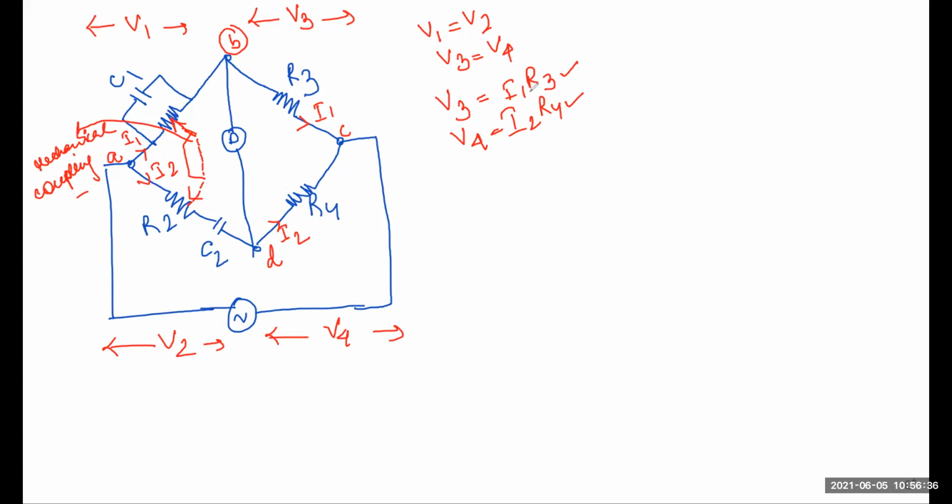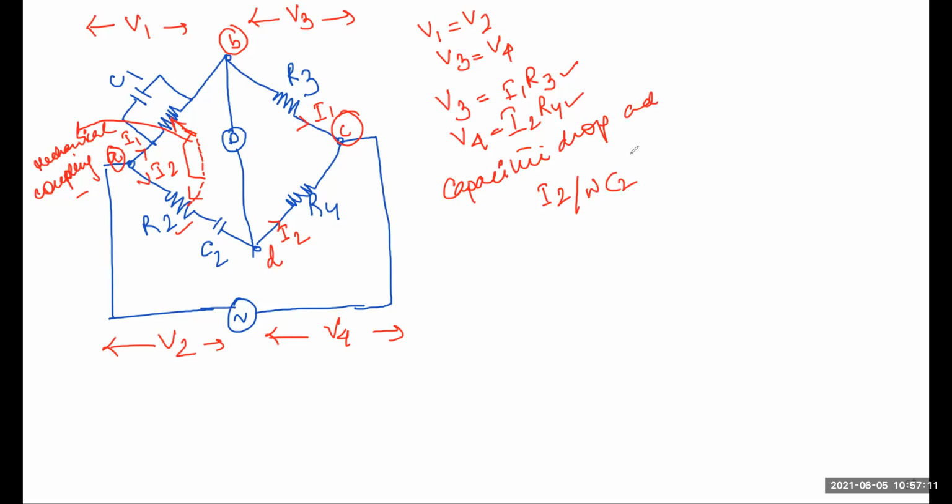Now total voltage drop across the arm AC, this is arm AC, okay, that will be equal to the sum of the voltage drop, that is I2R2 in this particular arm across resistance R2, and the capacitive drop will be somehow here in case of this arm AD, it will be somehow I2 divided by omega C2.